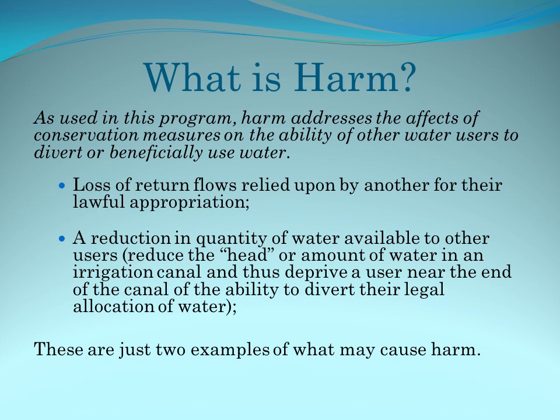For example, concentrating pollutants or increasing the salinity or acidity of water available for beneficial use. These are provided as examples of what the water master will be looking at to determine harm.